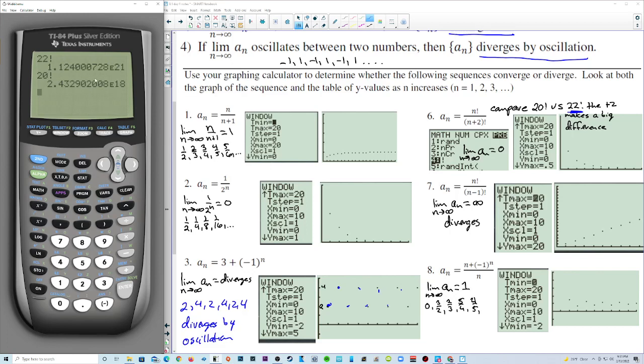Those are both very big numbers, but 3 more decimal places is massively bigger. So n plus 2 is the winner on the race to infinity. So this one is going to converge to 0. The terms are converging to 0, and we can see that it converges to 0 rather quickly.